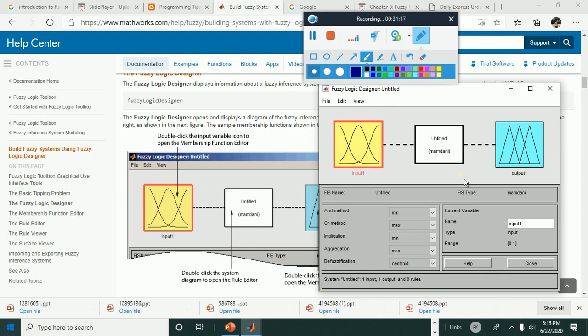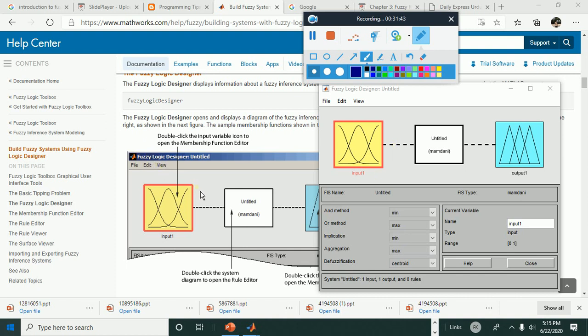It's a type of function which gives some values or variations, for example from 0 to some other value.